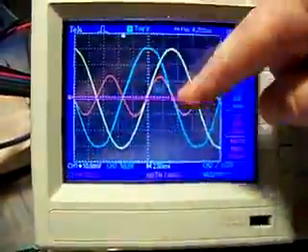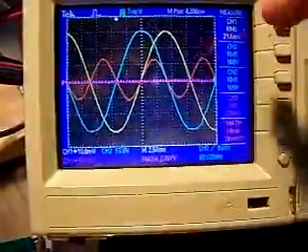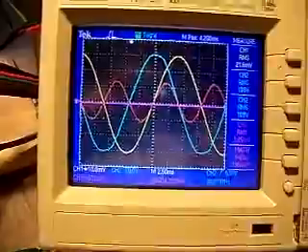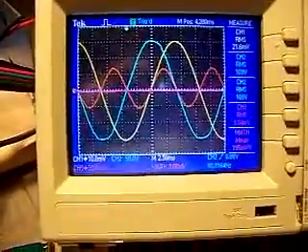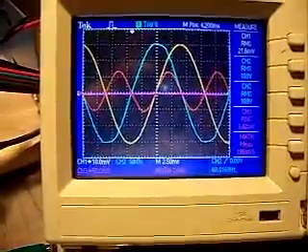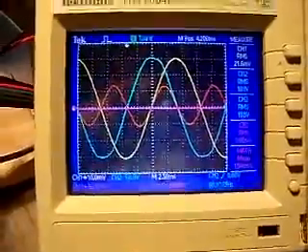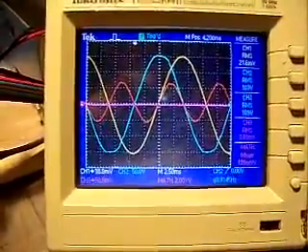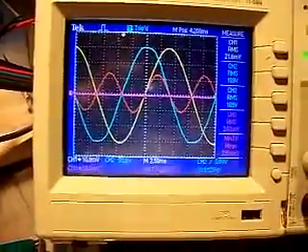You can see that the voltage and the current are virtually 90 degrees out of phase, again meaning that the current in the primary and the power in the primary is reactive current and reactive power.